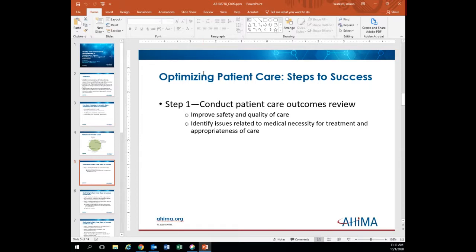Identifying patient safety risk. This is all part of the National Patient Safety Goals. Prevent mistakes in surgery, prevent patients from falling, prevent bed sores, okay?